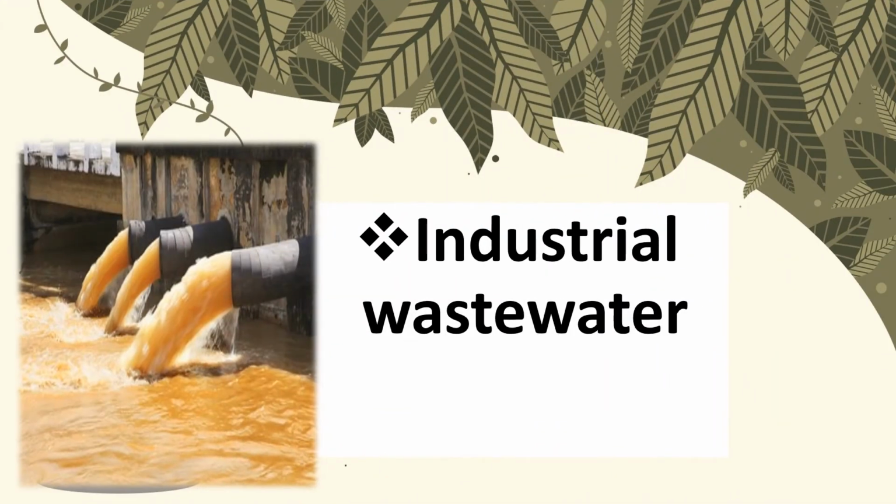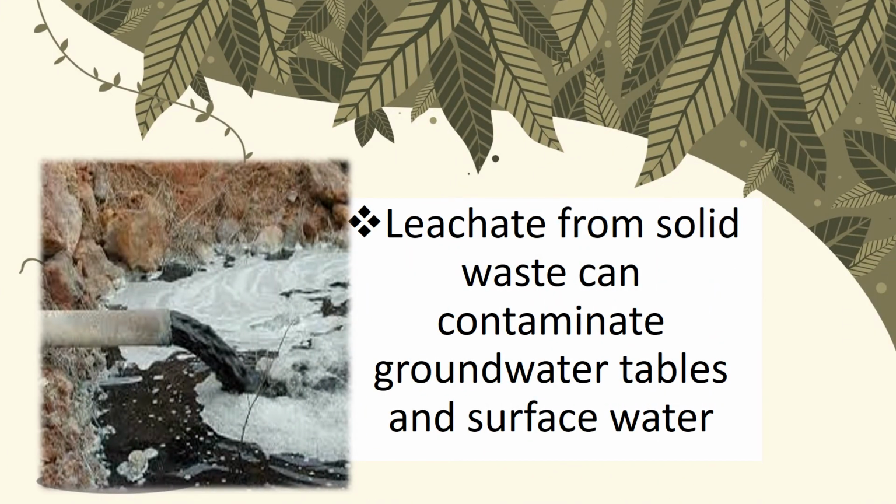The next is industrial wastewater, wherein different factories and industrial buildings throw their waste and chemicals into the drainage connected to the bodies of water. Another is the leakage from solid waste, which can contaminate groundwater tables and surface water.